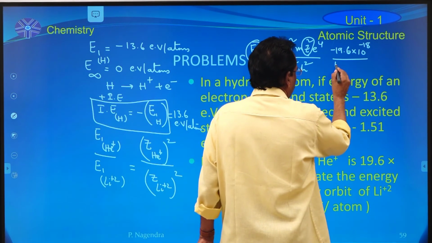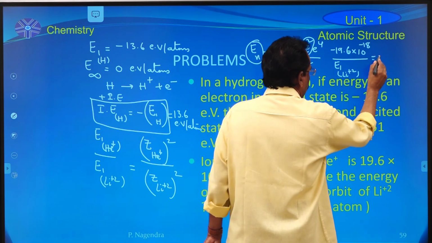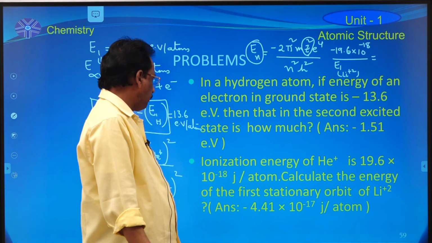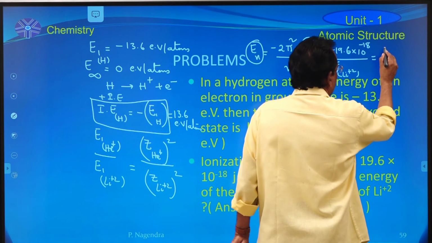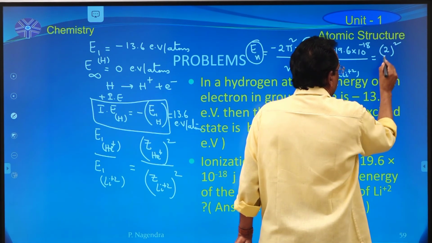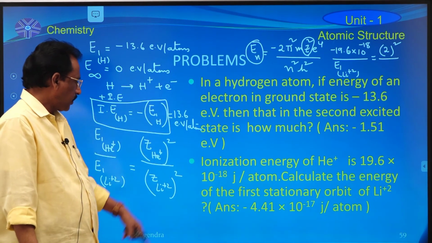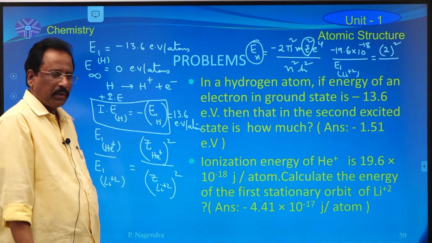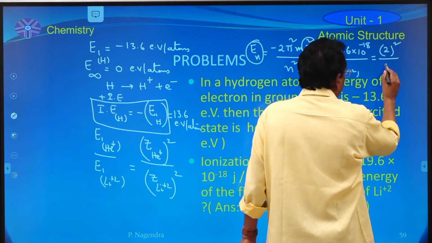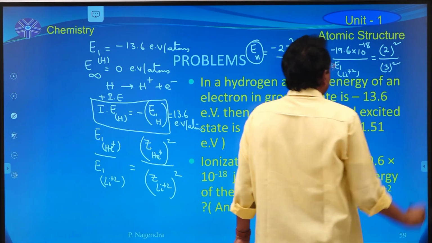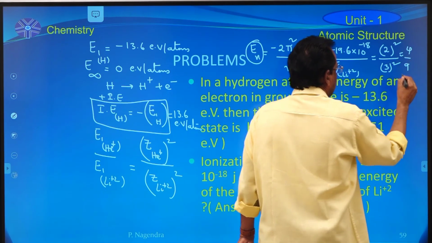E1 of Li plus 2 is equal to the atomic number of He plus square, that means 2 square, divided by the atomic number of Li plus 2. In the long form periodic table, lithium atomic number is 3. Therefore, 2 square divided by 3 square, that means 4 divided by 9.